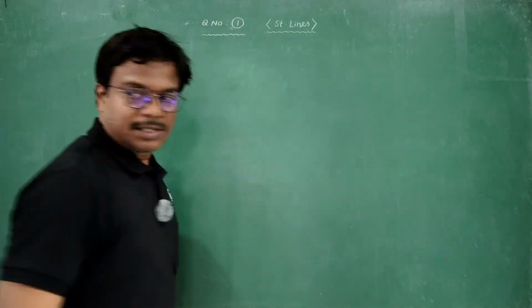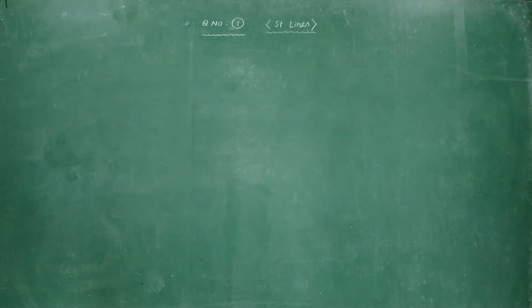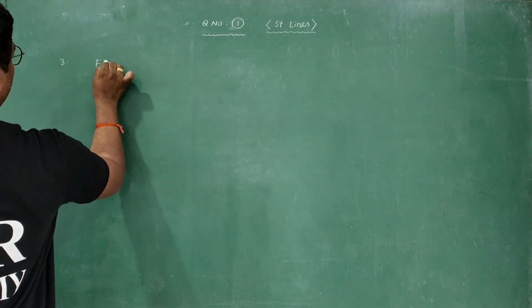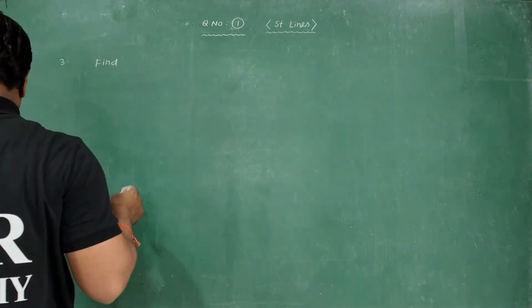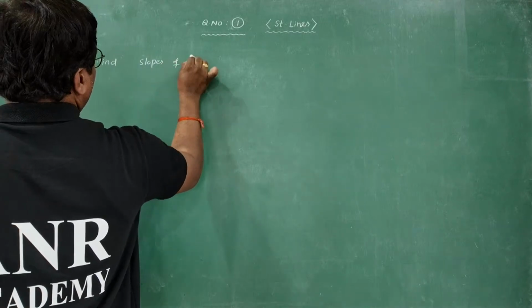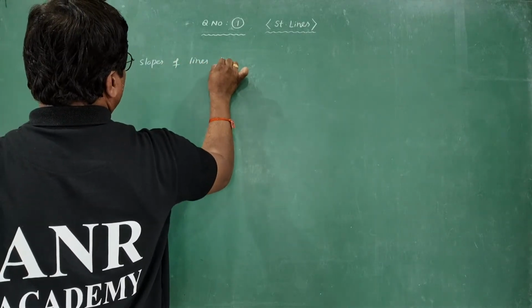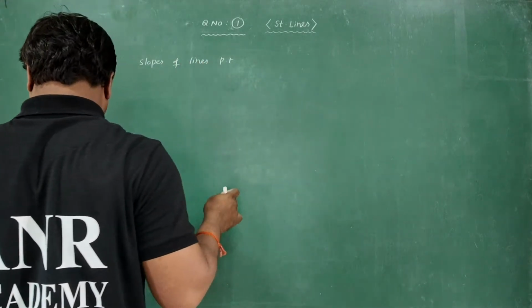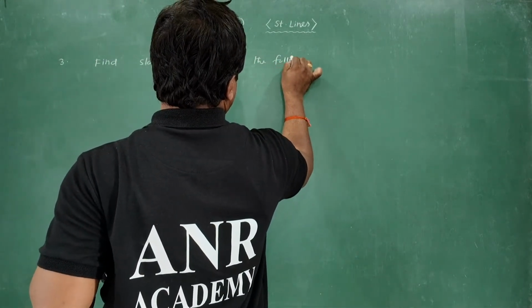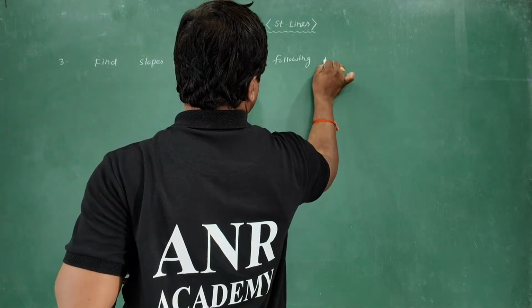Let us discuss the third question. The question is simple. Find slopes of lines passing through the following pair of points.